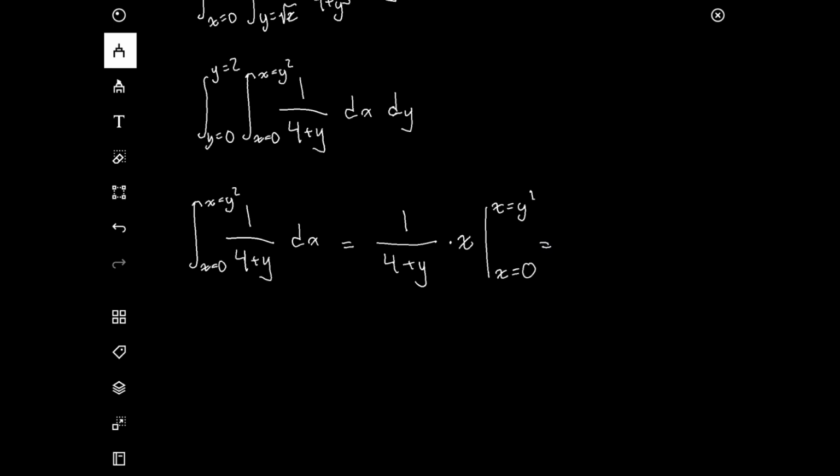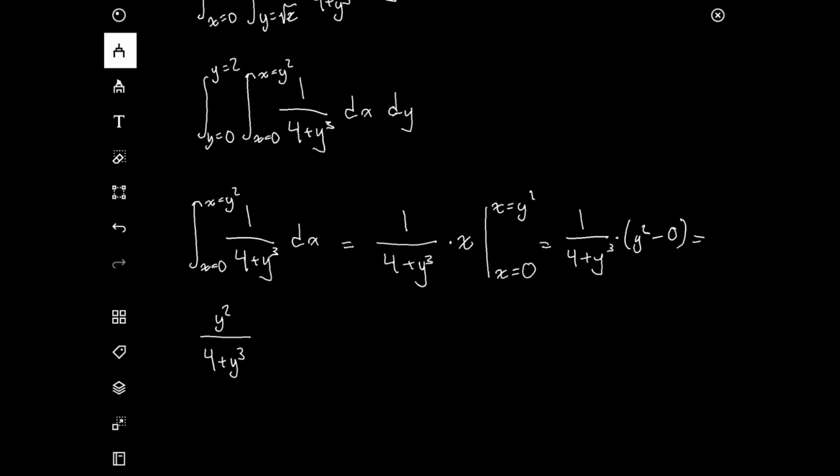So we can substitute this in, and we get 1 over 4 plus y times y squared minus 0, or sorry, this has a cube on it. This comes out to y squared over 4 plus y cubed.